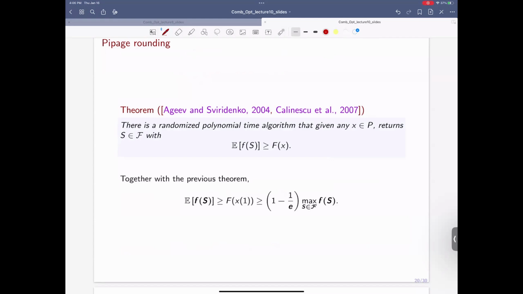So if you combine the continuous greedy algorithm and the rounding approach, the final outcome is that you get a random subset S whose expected value is at least the value of the multilinear extension, which is at least 1 minus 1 over e fraction of the optimal subset's value. So combining all these things, you get a 1 minus 1 over e approximation algorithm for the problem.